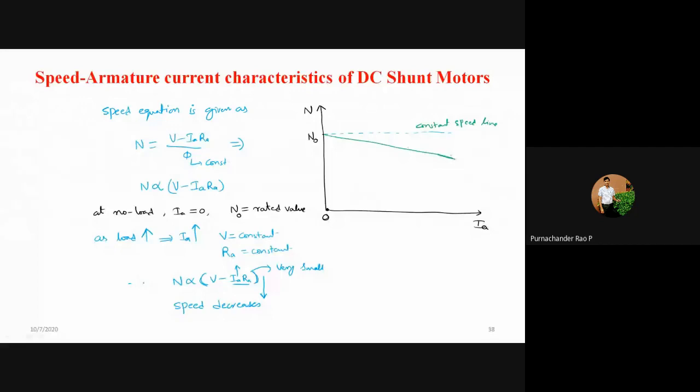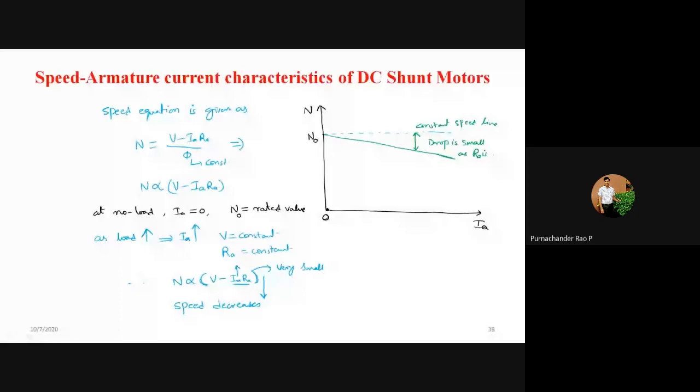This drop is very small because your armature resistance Ra is very small.